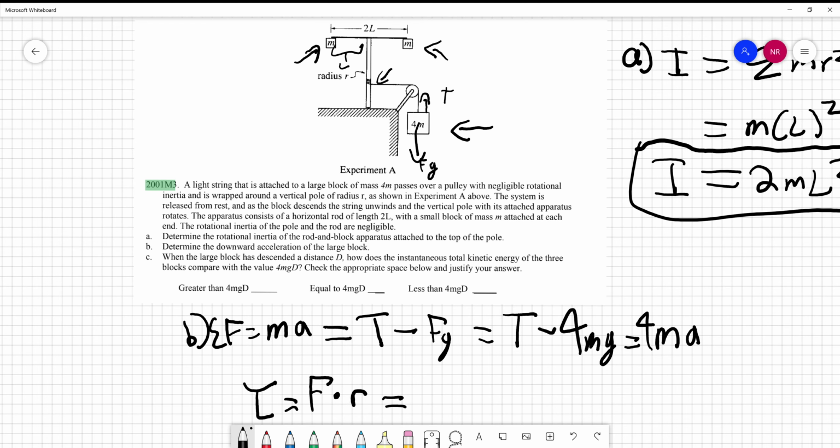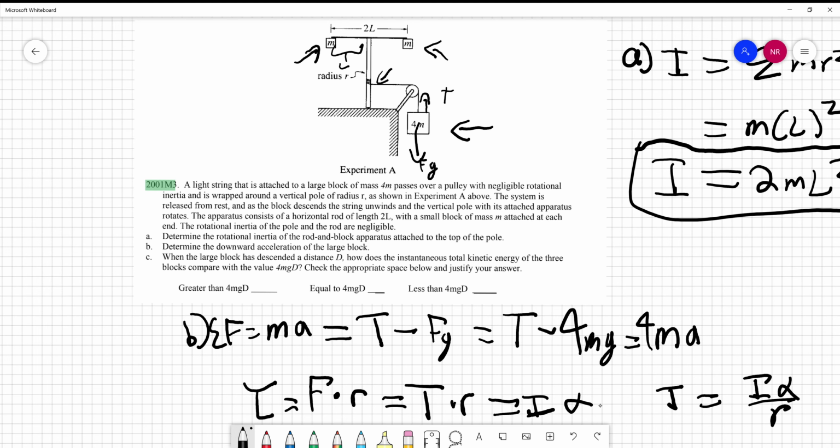The radius is just r, but the force will be the same as the force of tension, because it's the rope that's pulling on the apparatus and making it spin. This is equal to I alpha. That's just Newton's law of rotation. By using this, we can say that force of tension equals I alpha over r.